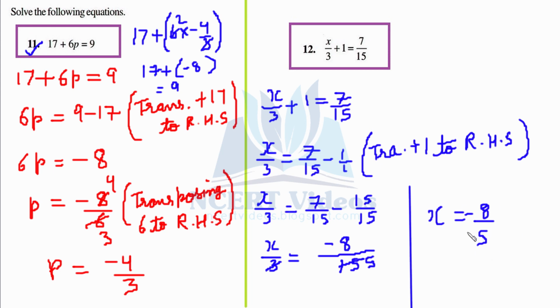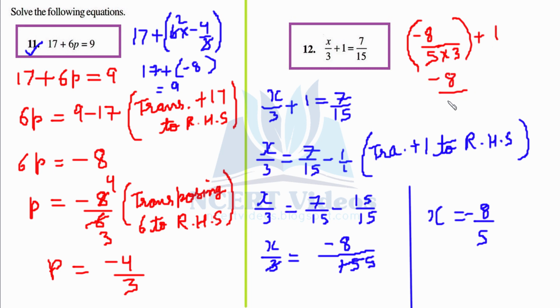Again, we ought to check it. So in place of x, we would write minus 8 over 5. So minus 8 over 5. In denominator, we have 3. So it is getting multiplied by 3. We have told you how it comes, and whatever the value would come, we are going to add it with 1 to solve it.